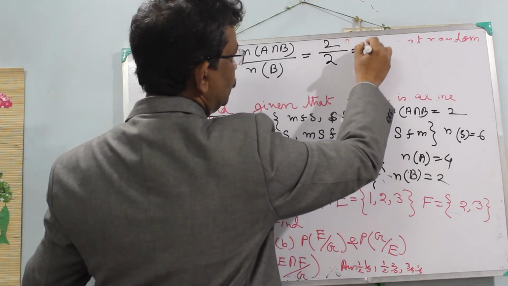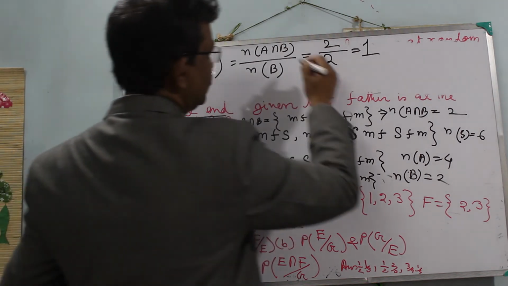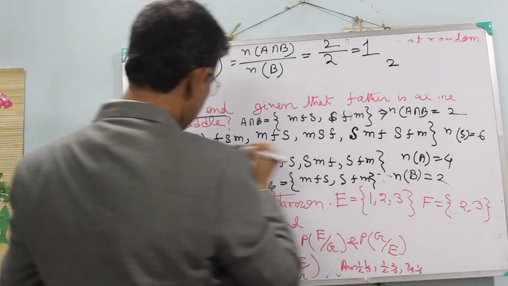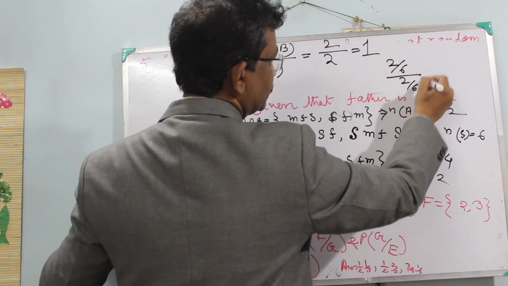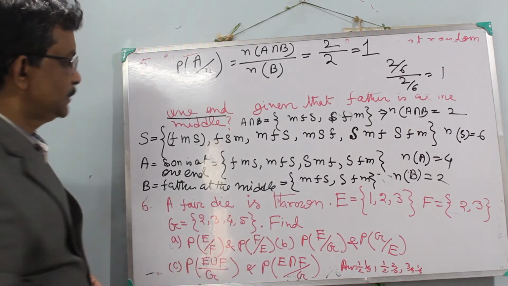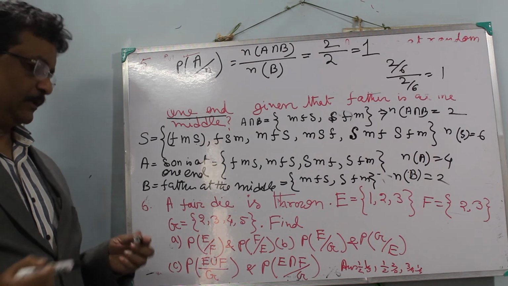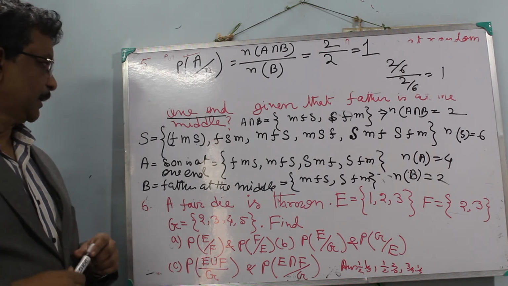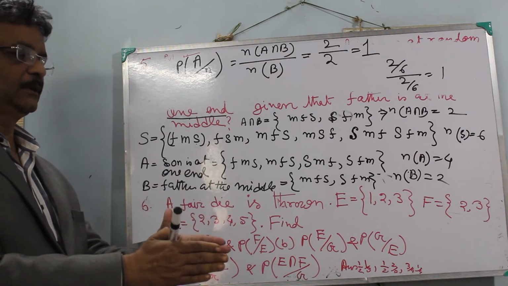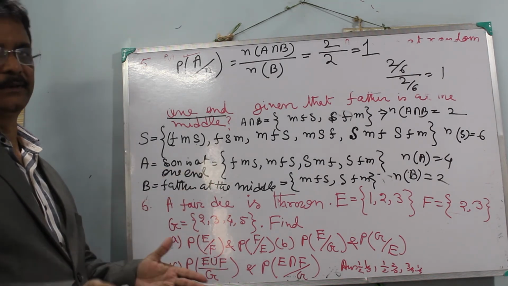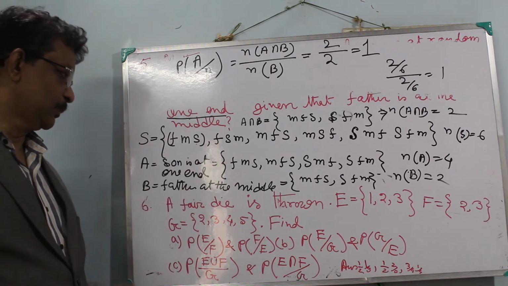So 2 by 2 is 1. Or you can calculate this way: probability of A is 2 by 6, divided by 2 by 6, equal to 1. Both ways give the same answer. It is interesting. Apparently the probability is 1, because if father is at the middle, the son must be at one end, because the total number of persons is 3. So the probability is 1. Clear?